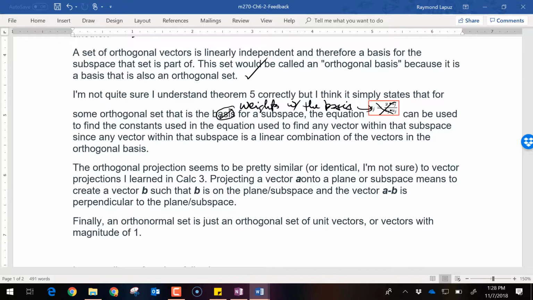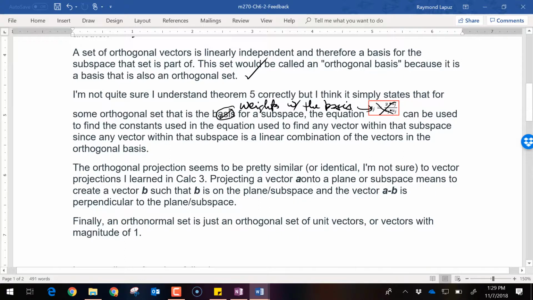In Calc 3, we just stick to projecting a vector onto another vector. But here, we want to be able to project a vector onto a space. First, a line, and then we'll see that we're actually going to project onto a plane also. The projection onto a plane is going to be important. For Calc 3, that's a little more difficult to do, but we're going to find formulas in this class to be able to do that.